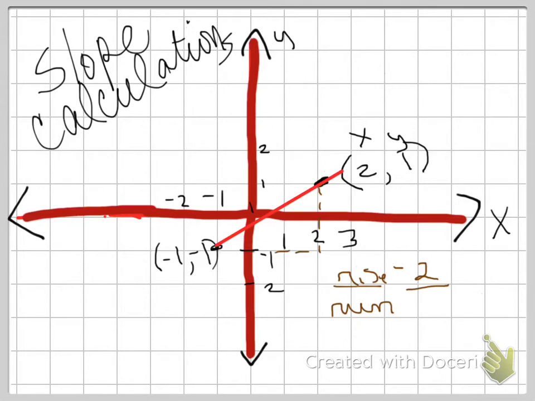So if I go straight across to the point, I pivoted over 1, 2, 3 units. If I'm going to the left, you know that goes to negative. So I'm negative to the left. That's negative 3. Okay? So both the numbers are negative.